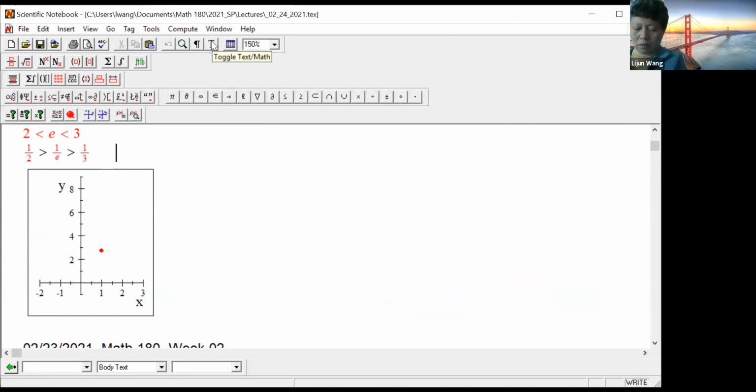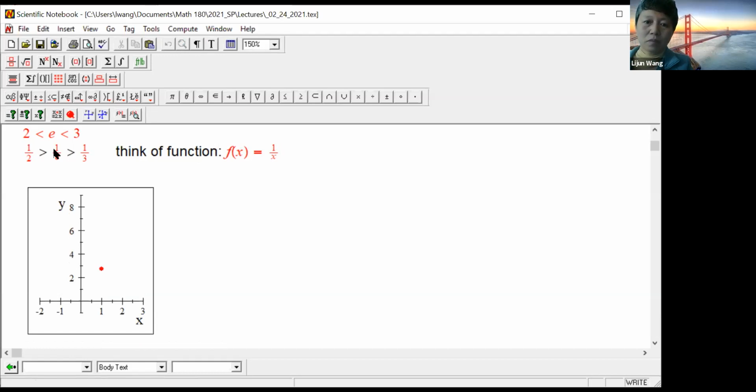Okay? Think of this function that we learned, we have reviewed. You guys follow me? So what I'm trying to tell you is that this relationship tells us that 1 over e is just a number between 1/2 and 1/3.